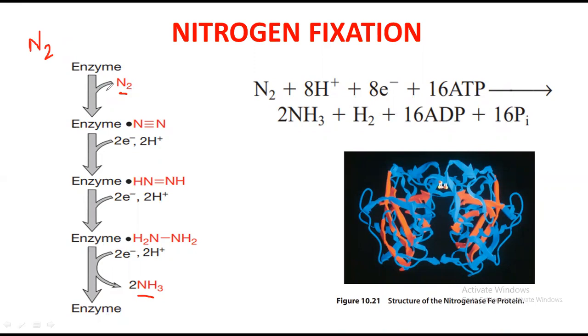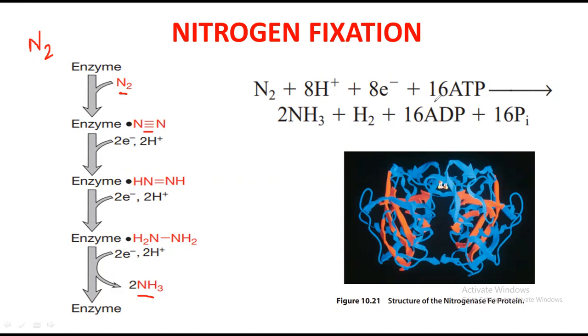The enzyme involved in this chemical reaction is nitrogenase, and this is a very energy consuming process because there are 3 bonds between the nitrogen atoms in N2 gas. So first these bonds will be broken down, and after that it will be converted into NH3.